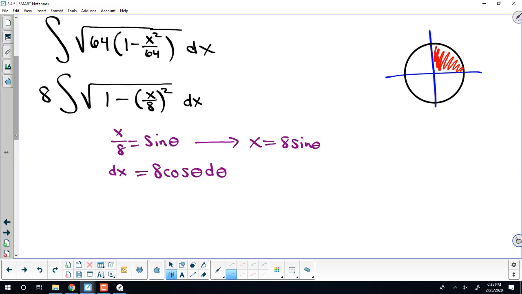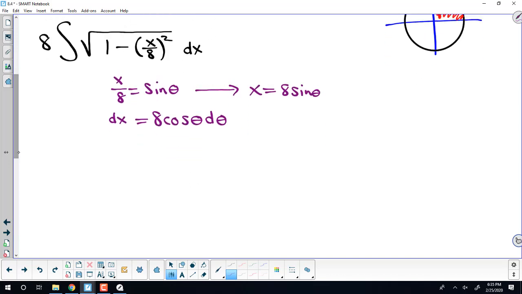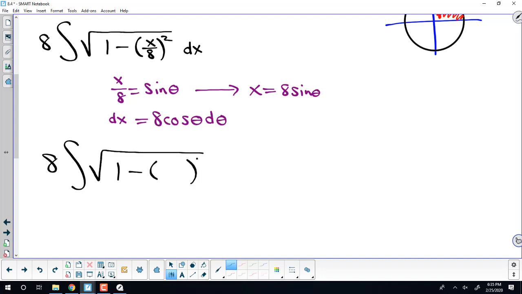And then we're substituting in for what we have. We have our 8, the antiderivative here. That was sine. And then our dx was another 8 cosine theta d theta.